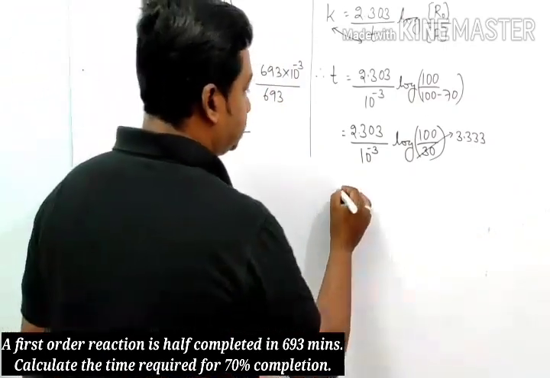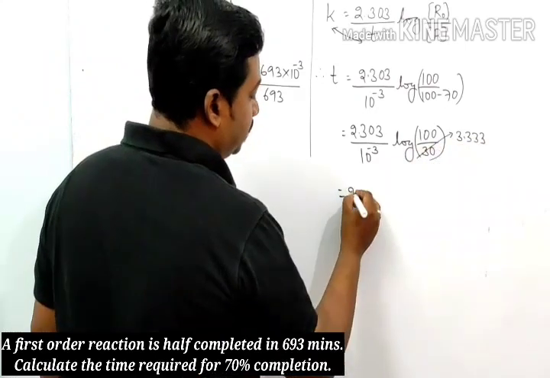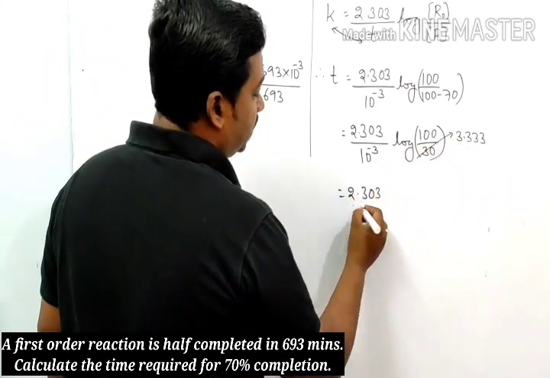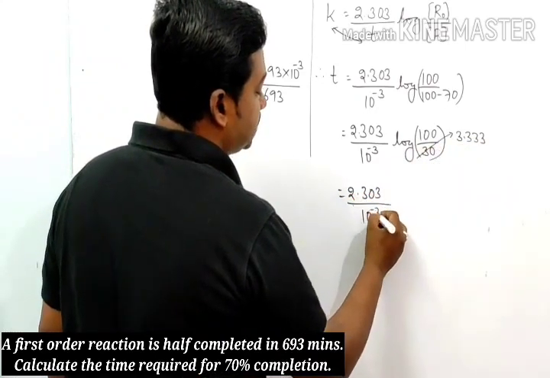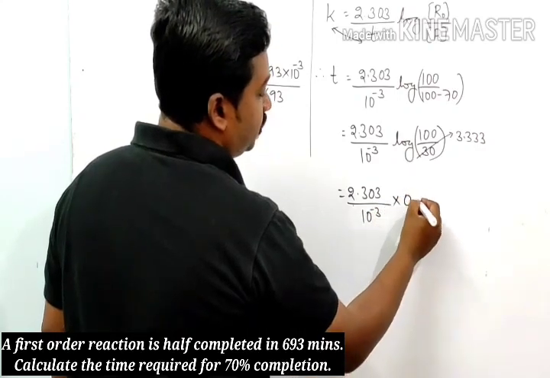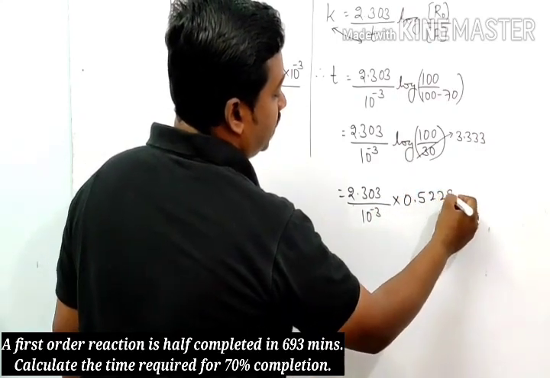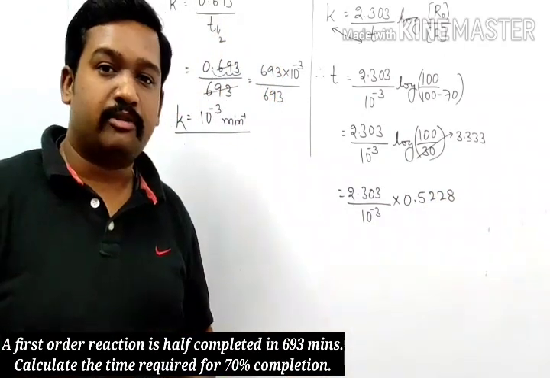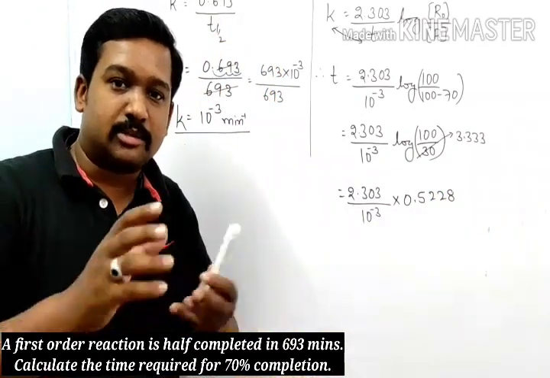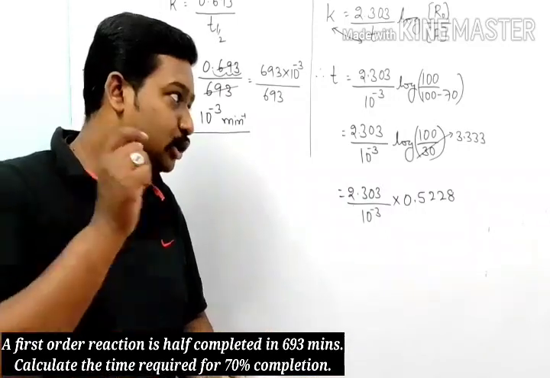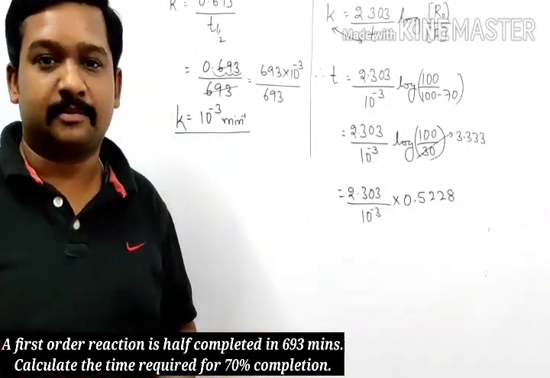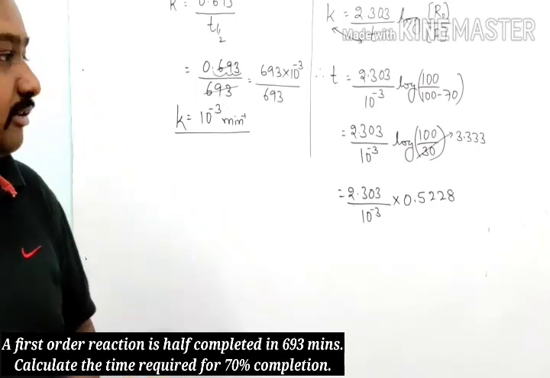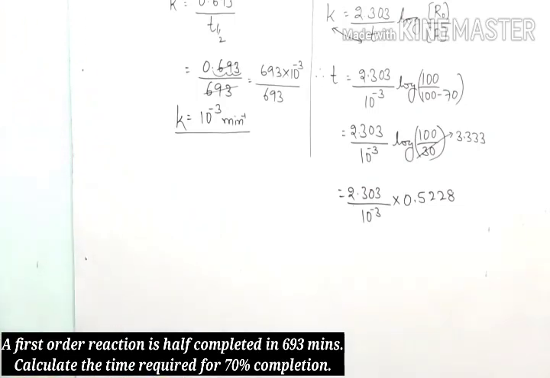Next, log of this value: 2.303 divided by 10 power minus 3 into 0.5228. You can find this with the help of a simple calculator, otherwise look into the log book, and you will get the correct answer. Then next, we want to multiply these two values and find out the final answer.